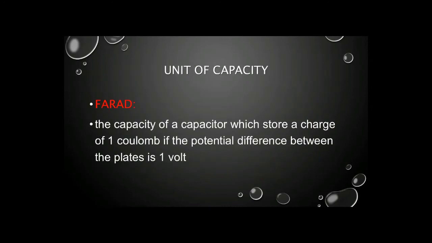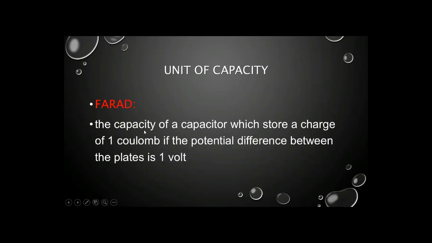So here is the definition of the unit of the capacity, that is called farad. The capacity of a capacitor which stores a charge of 1 coulomb if the potential difference between the plates is 1 volt.